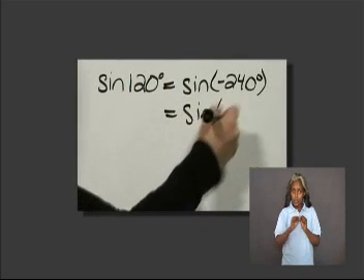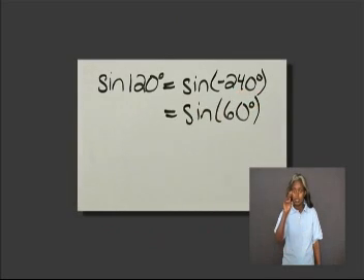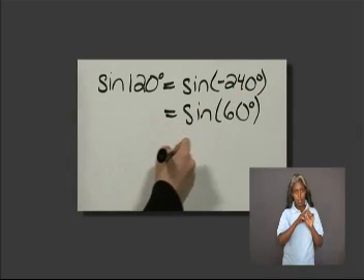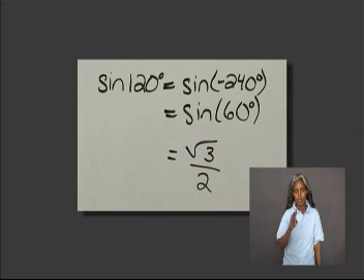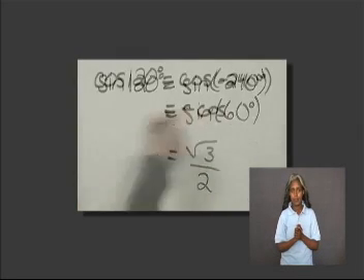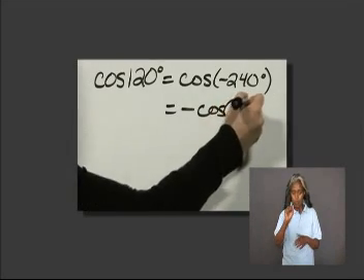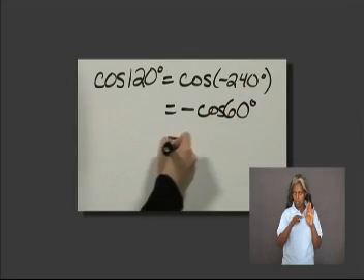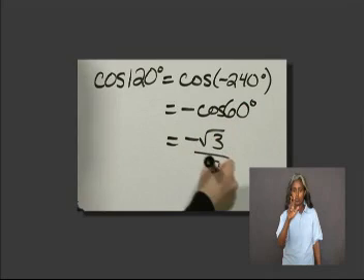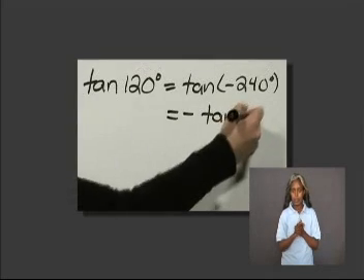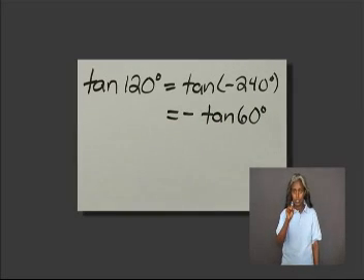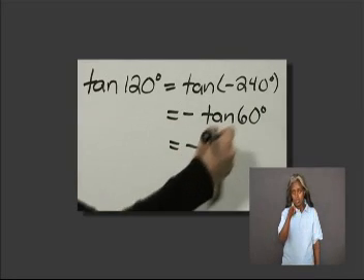So, the sine of a 60-degree angle is the square root of 3 over 2. The cosine of that angle is negative the square root of 3 over 2. And the tangent is negative the square root of 3.